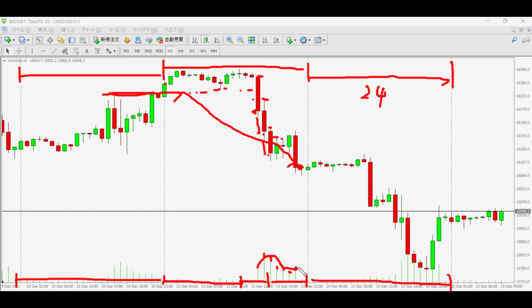Clear high volume. Here is also the same clear high volume. It means Europe and American session traders want to trade. So money flows at this time zone. So we can trade at this time.